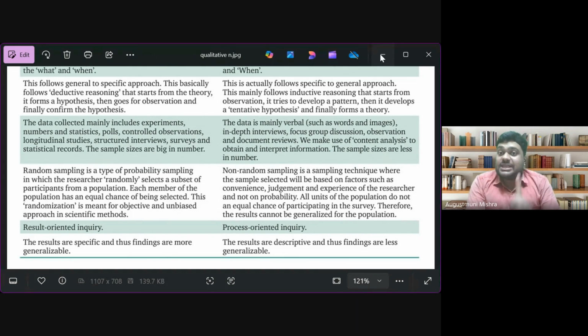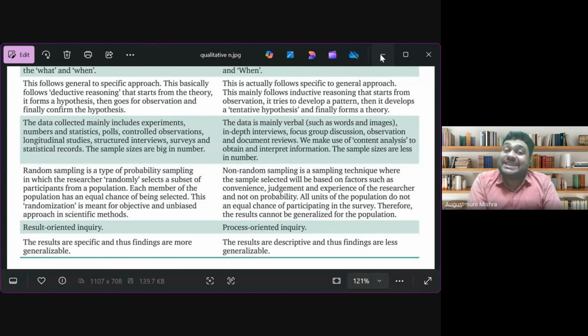See, in the case of quantitative, you are doing random sampling, where you are just choosing people from a particular place at random. You don't know them, you don't have previous contact with them. You just choose them from a particular group of the population.